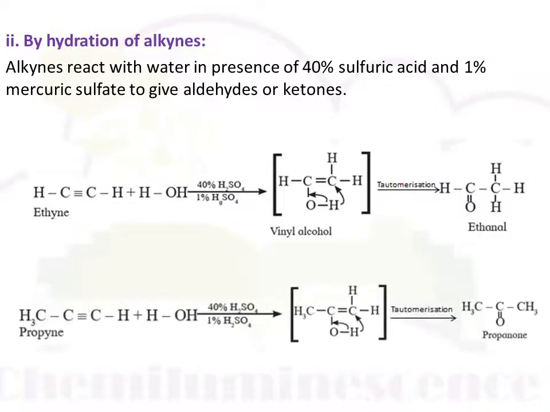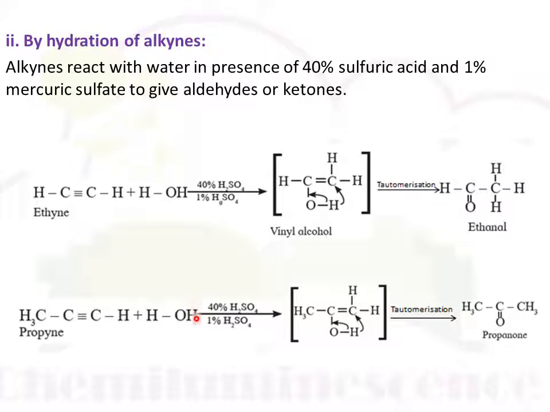Let's see one more example. Propyne on addition of water in presence of 40% sulfuric acid and 1% mercuric sulfate forms vinyl alcohol, which again on tautomerization gives propanone. But this time you can see propyne is an unsymmetric alkyne. So when an unsymmetric alkyne is used, the addition of water takes place according to Markovnikov's rule.